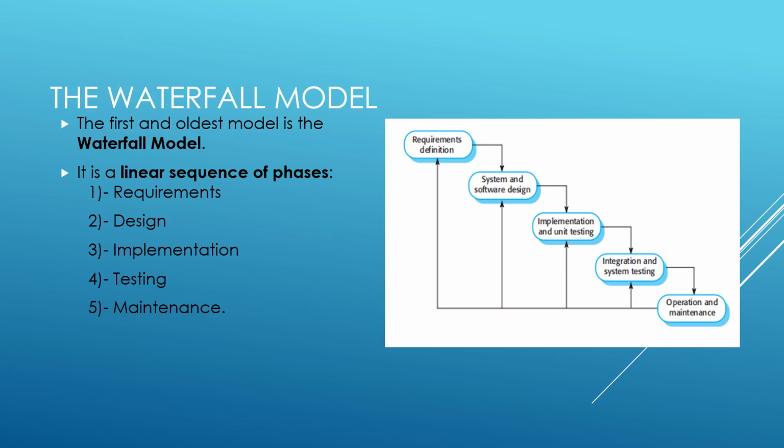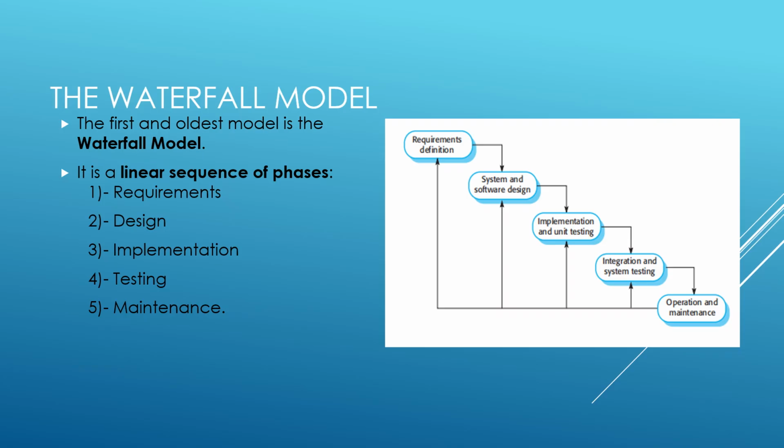We can go back to the initial phase once we have completed all the steps included in the activities in the waterfall model. As you can see, there are five activities mentioned. The first one is requirement definition. First of all, you will complete requirement definition, and then you will go to system and software design. After completing system and software design, you can go to implementation and unit testing.